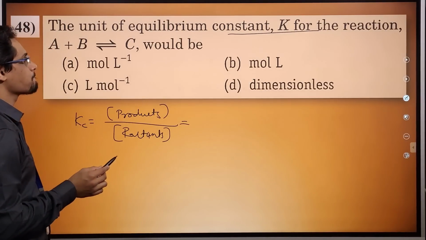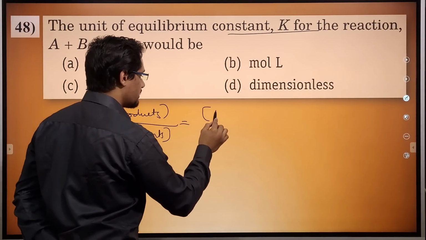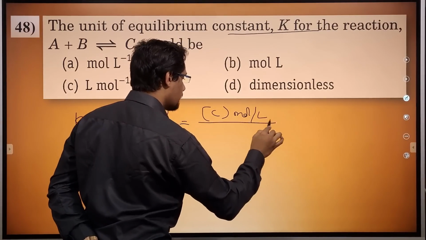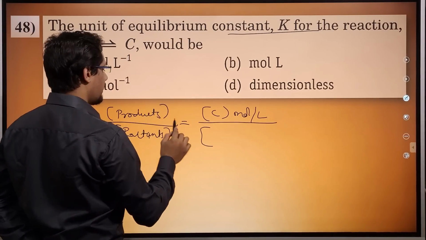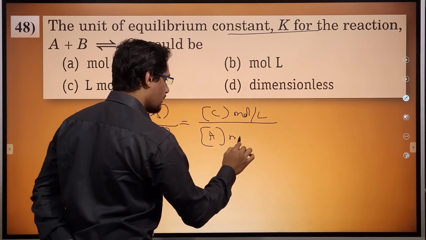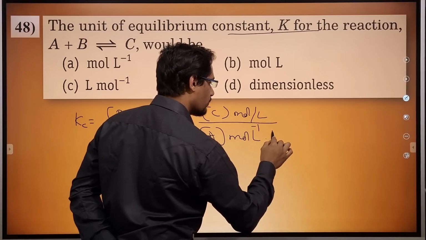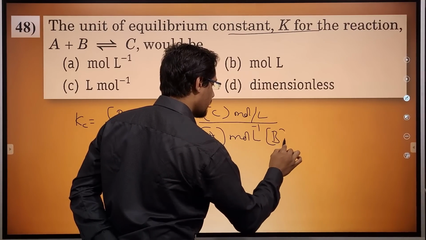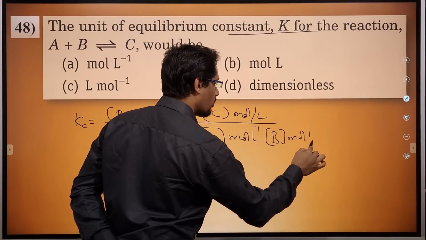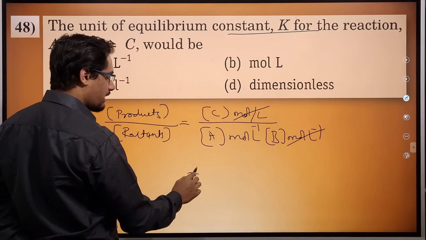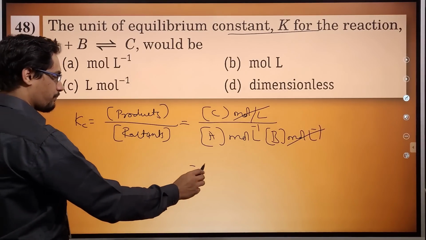The product is C, in mole per liter, divided by A in mole per liter into B in mole per liter. Each is mole per liter, so what will its unit be?